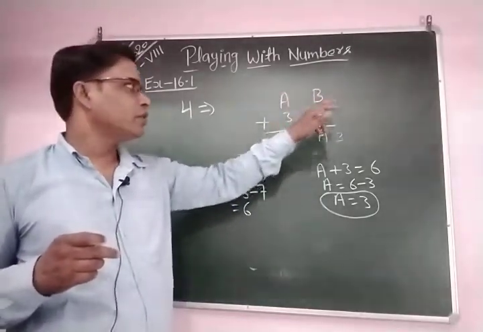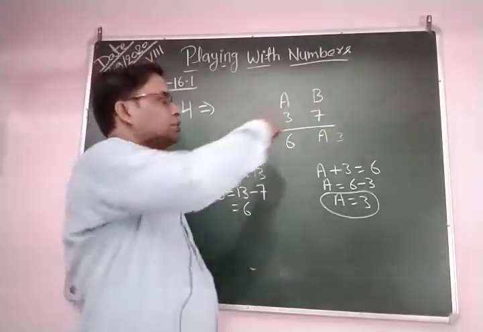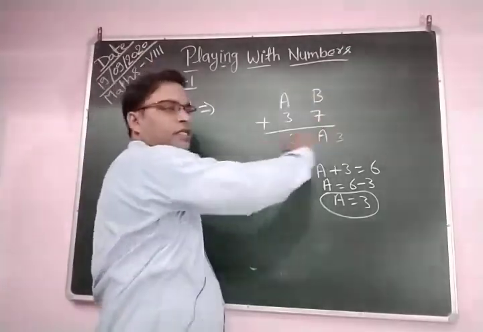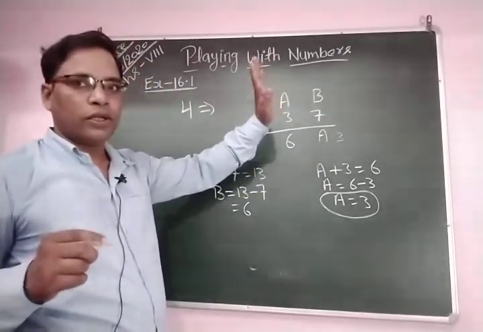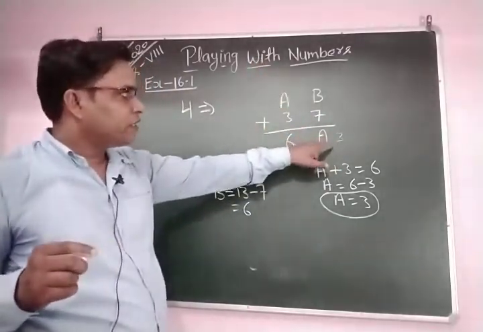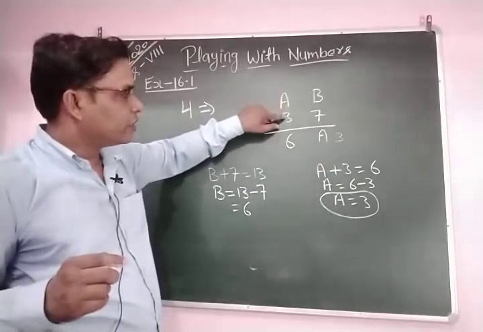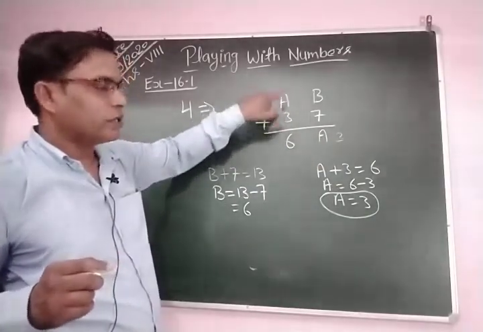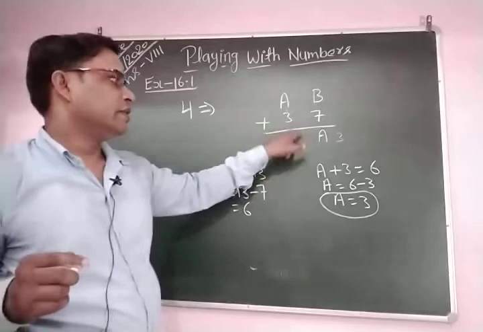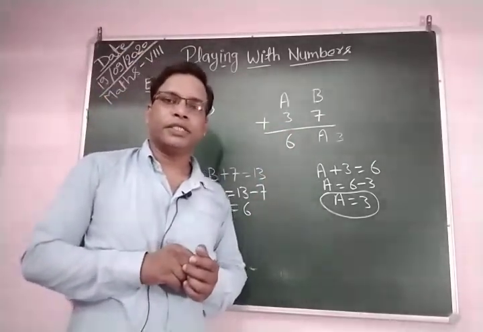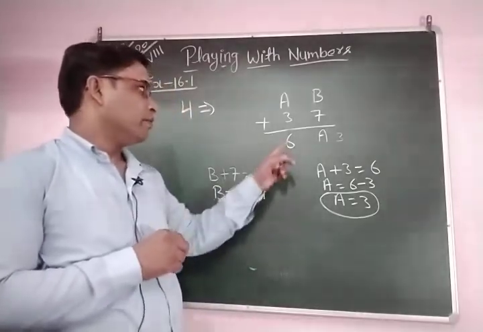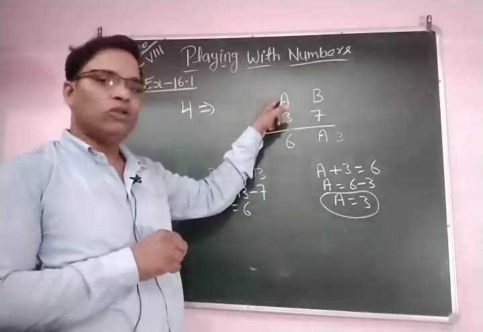Suppose B is equal to 6 here, so 6 plus 7 is equal to 13. So 3 here, carry 1 over here. Then the value of A is 3, 3 plus 3 is 6, plus 1, so this is not satisfied.